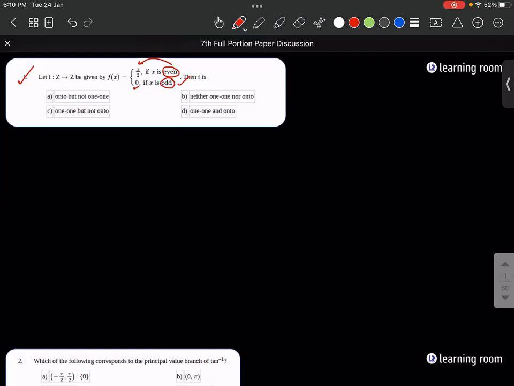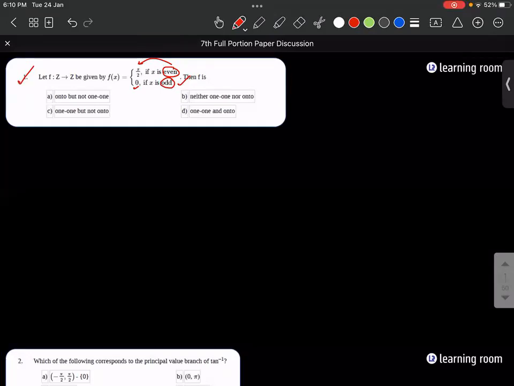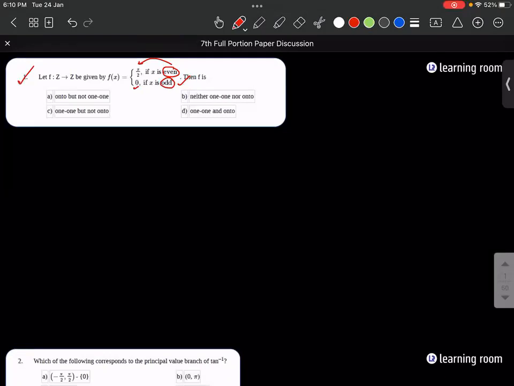So it should be either option A or B. Option A is correct, because it will be onto.